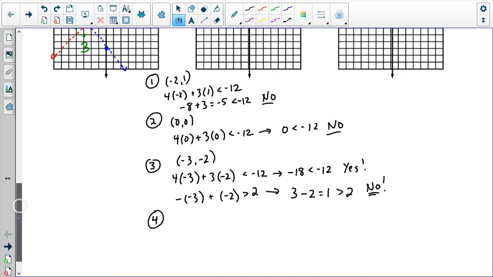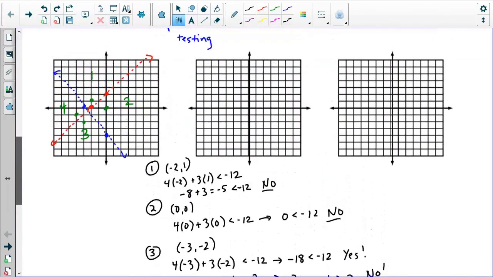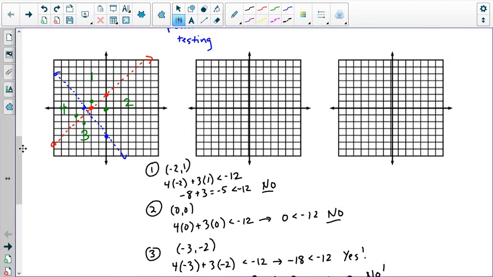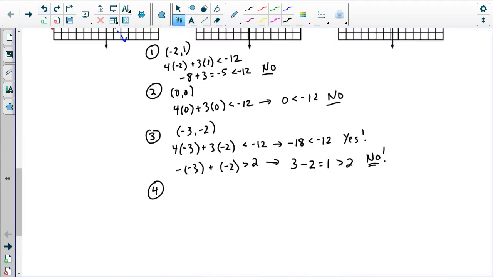So finally, I'm going to check region 4. If I check region 4, my guess is it's a winner because all 3 other regions have failed so far. I'm looking at -4, -1. That's the point that I'm going to check. So if I take 4x plus 3y, is that less than -12? That clearly is because that's -19.